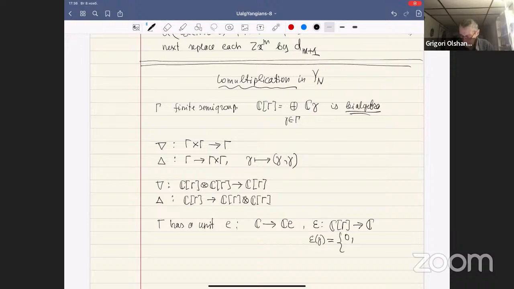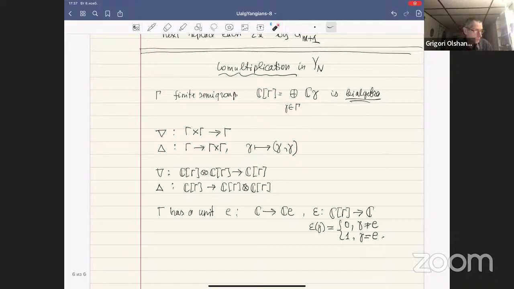Equal to 0 if gamma is distinct from the unity, and 1 if gamma is the unity. So there is a little extra structure. The unity map, this one, and the co-unit, this one. And again, some natural axioms which express the fact that we have a bialgebra.